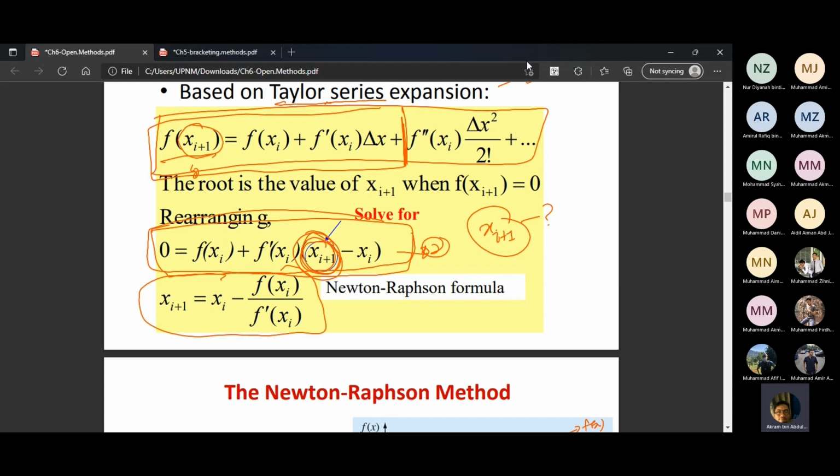So oleh itu terbentuklah Newton Raphson formula yang mana x sub i plus 1 is actually x i minus f of x i divided by the first derivative of f at x i, so f prime x i. So untuk Newton Raphson formula, you kena buat kerja lebih sikit, yang mana kita perlu cari apa itu f prime x. And then barulah kita boleh selesaikan this Newton Raphson formula.